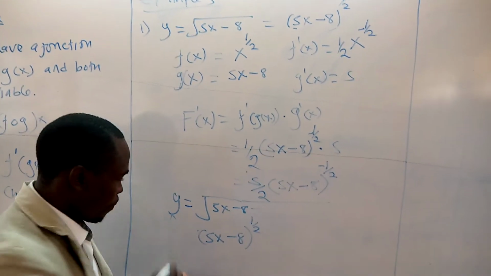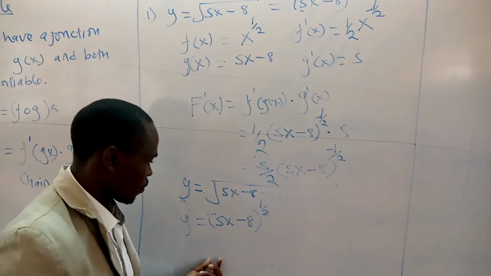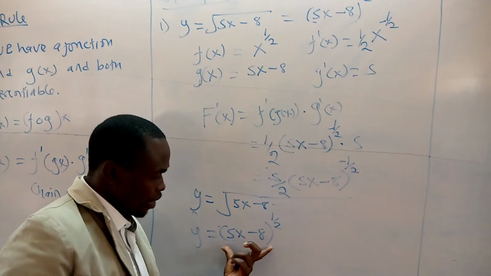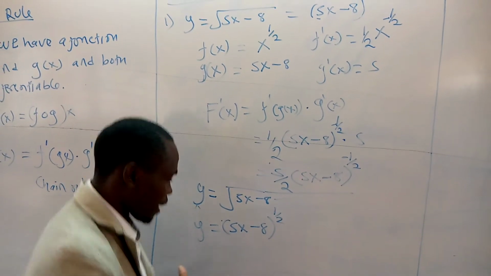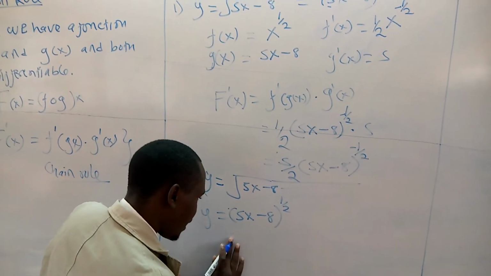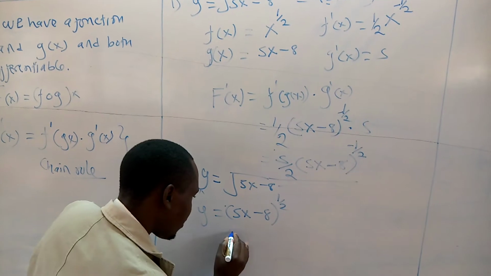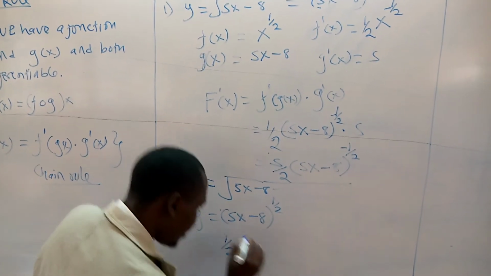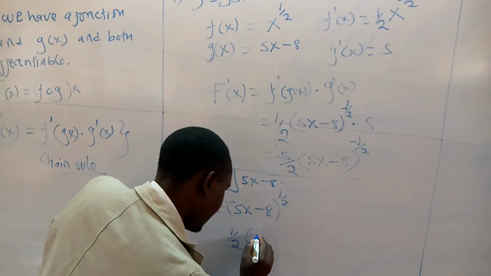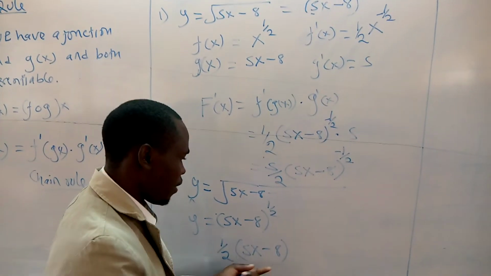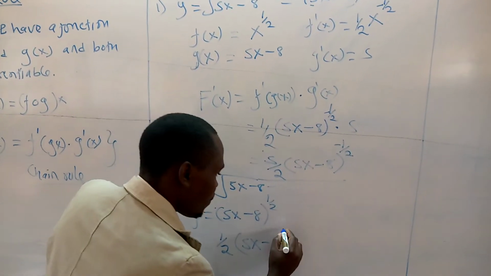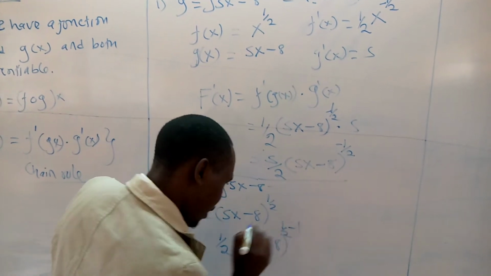I differentiate this function the way it is: I multiply by a half, keep 5x minus 8, then subtract 1 from the power, a half minus 1.